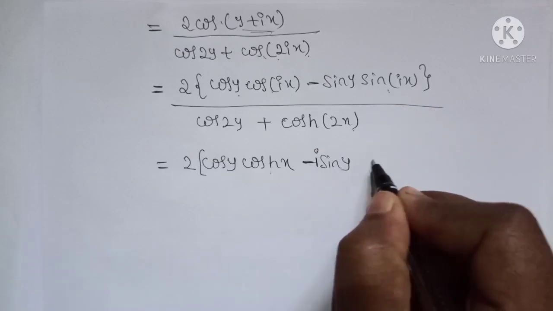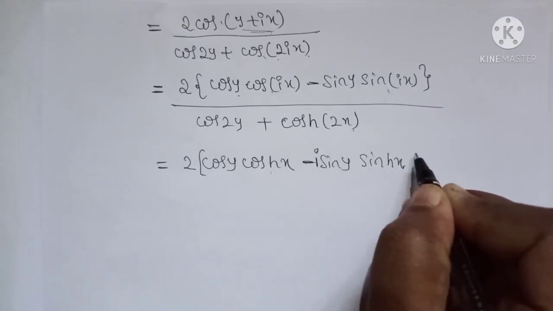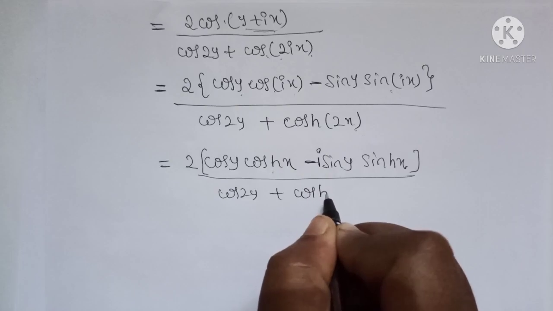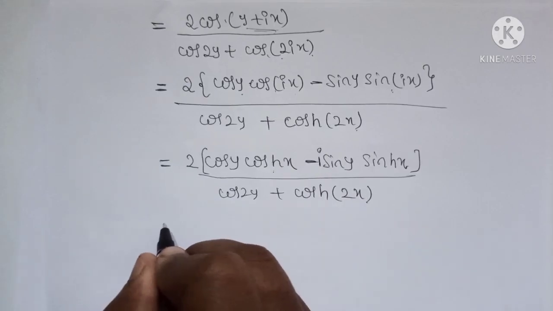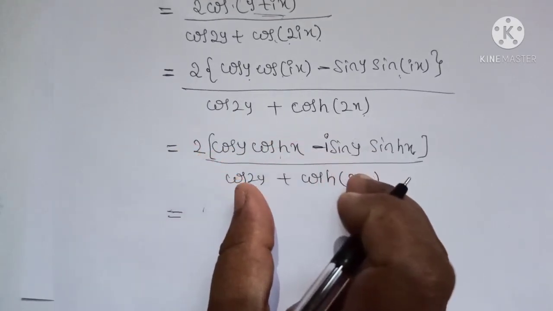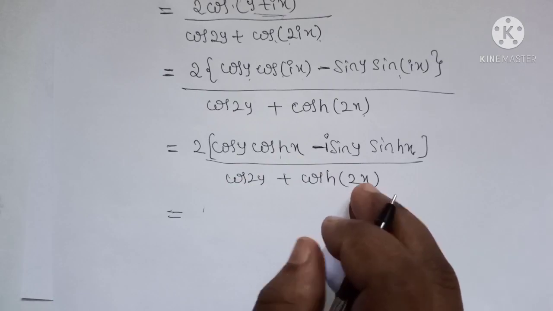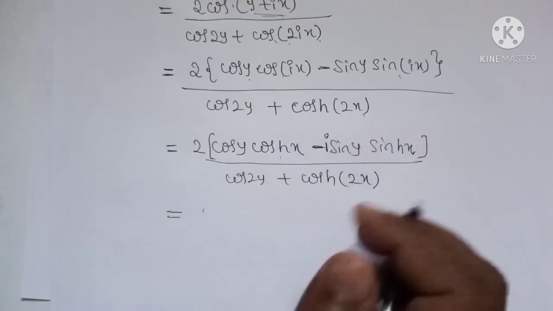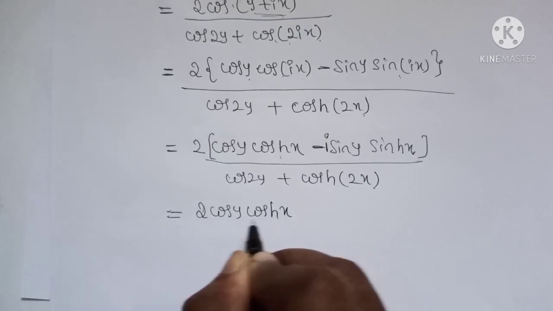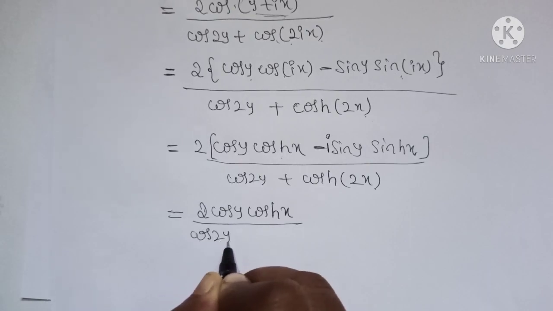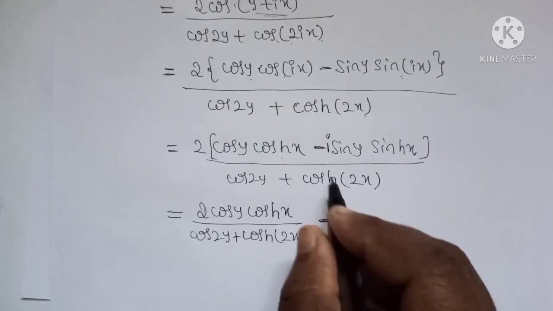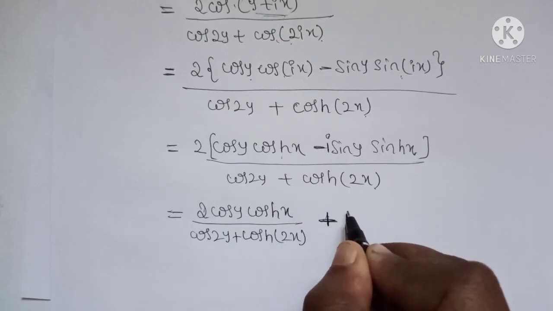Therefore, first I write i sinh x. The denominator is the same, cos 2y plus cosh 2x. Now we can separate the real and imaginary part here. The real part is this one divided by the denominator, because the denominator is purely real but the numerator contains both real and imaginary parts. So 2 cos y cosh x divided by cos 2y plus cosh 2x, plus the imaginary part with the i.